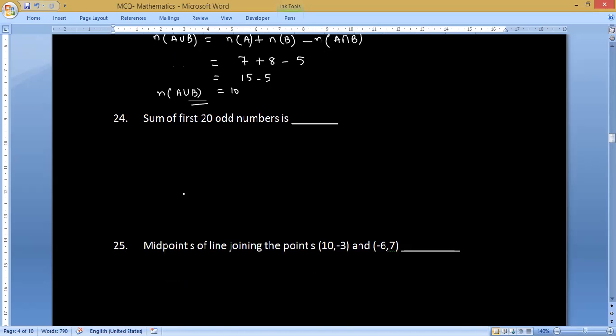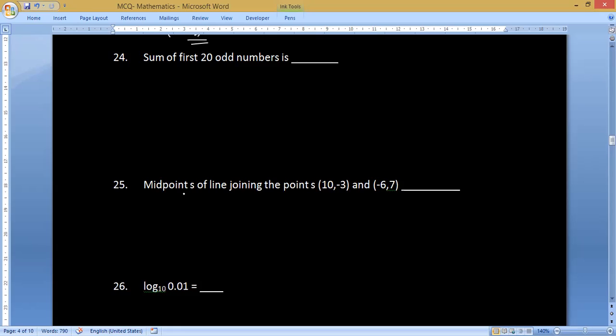So the next question is the sum of first 20 odd numbers. First we write the series of odd numbers: 1, 3, 5, 7, and so on up to 39. These are the first 20 odd numbers.